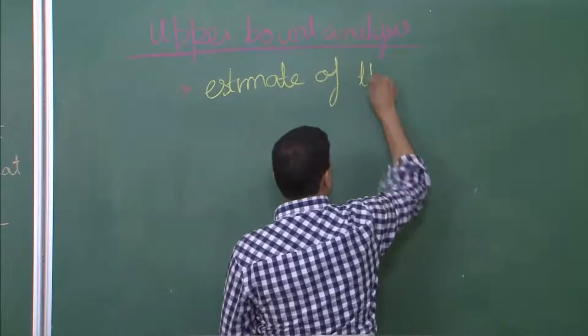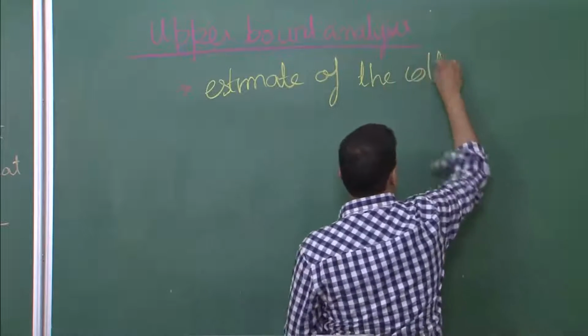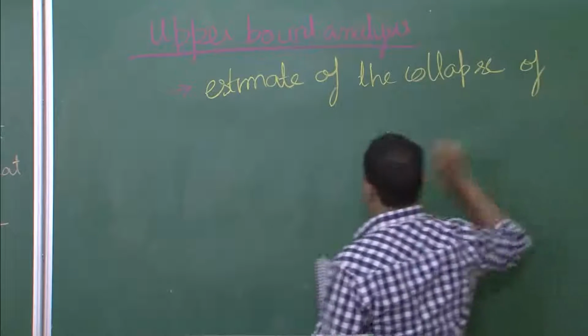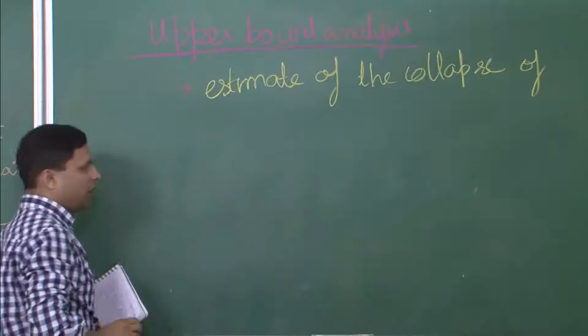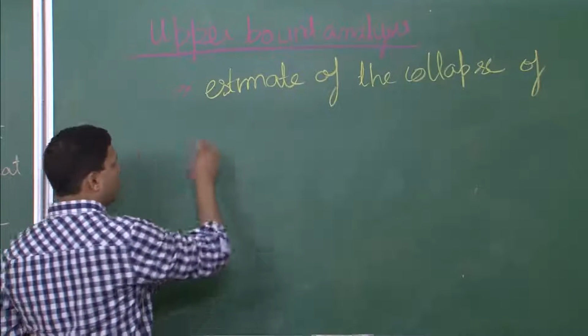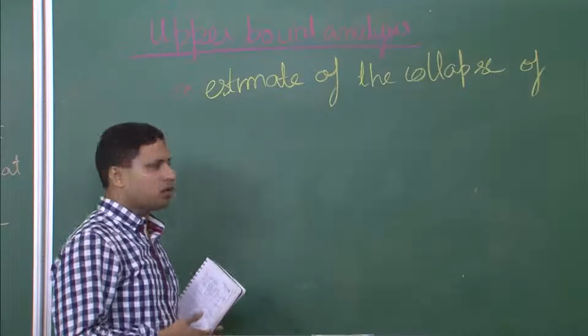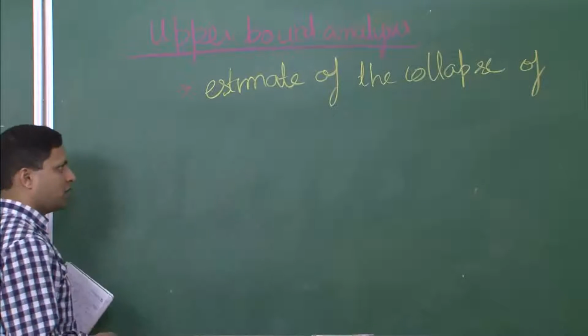So, this is an estimate of the collapse. Collapse meaning deformation; we do not mean failure. We mean just that when you are doing the deformation, at some region shear is taking place, and we are calling that the collapse.